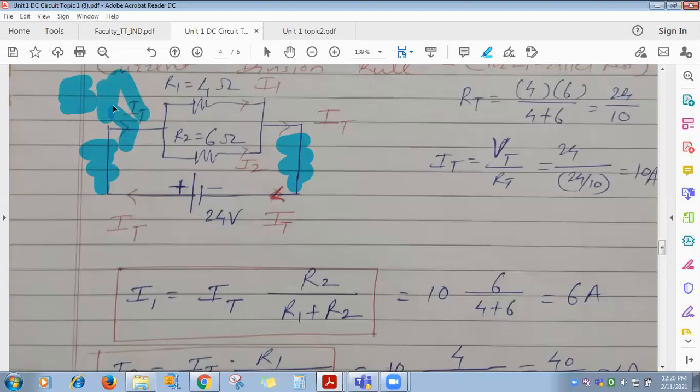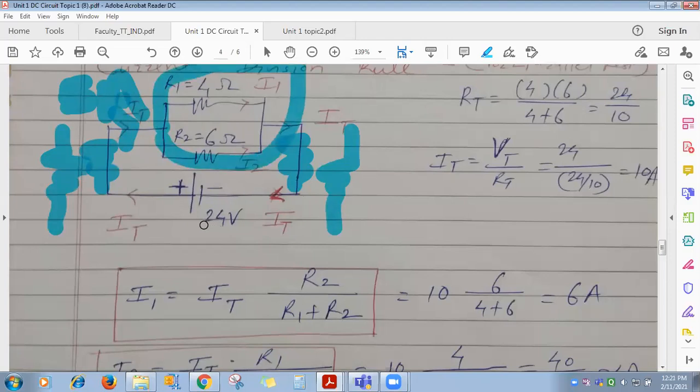Then which one is easy to apply? Yes, the current division rule, because in this case the voltage drop across 4 and 6 is not 24. If 1 resistance is there on the left hand side and 1 on the right hand side of this circuit, then the voltage drop across this will not be 24. Got it? Clear?